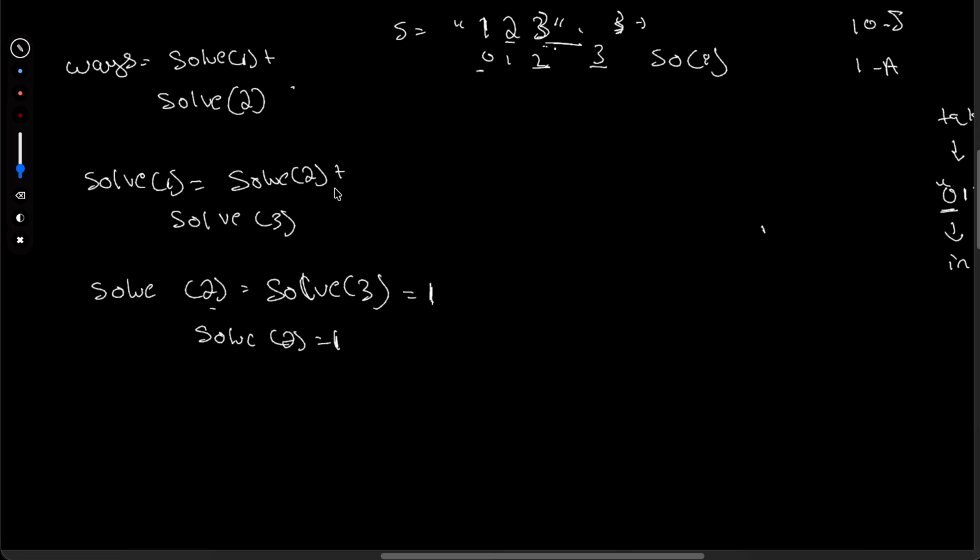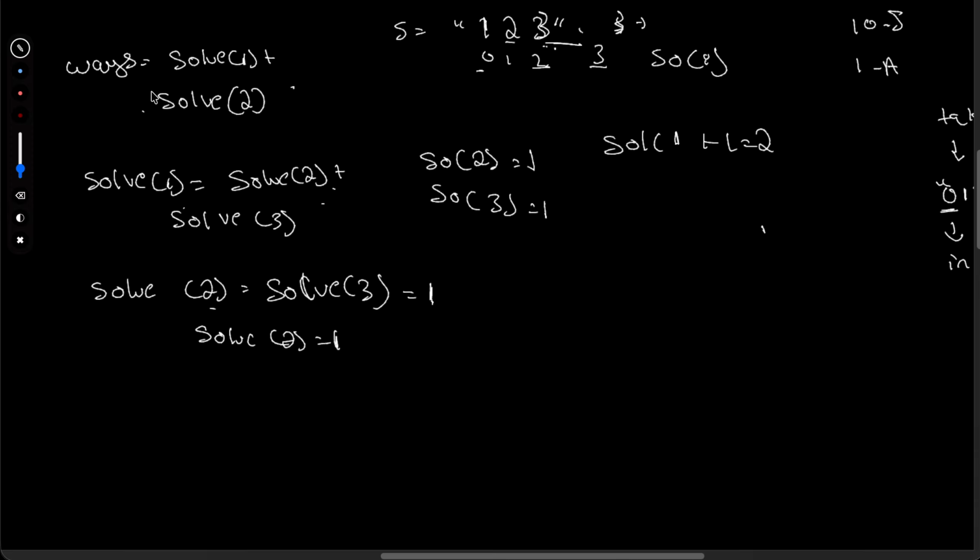Now we come here, so we had solve of 1 is solve of 2 plus solve of 3. We know solve of 2 is 1 and solve of 3 is 1. So solve of 1 is 1 plus 1 is 2.